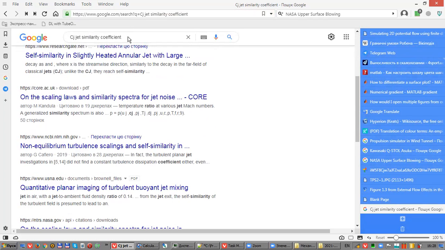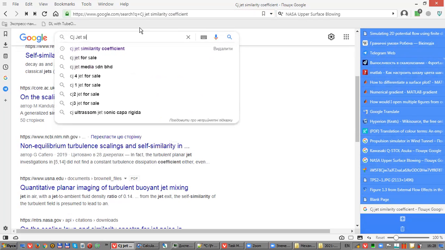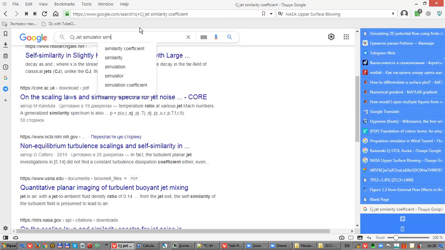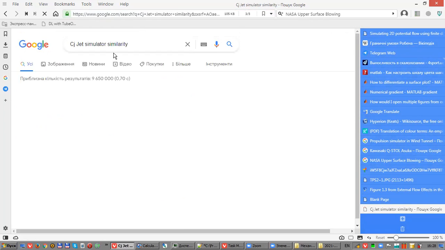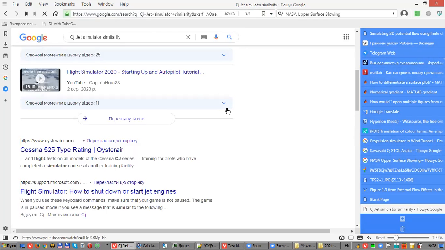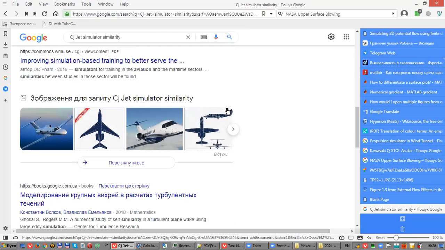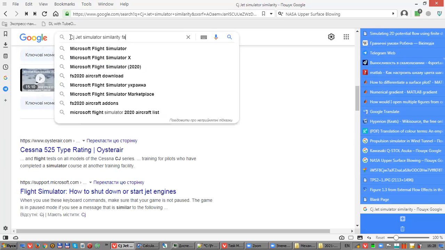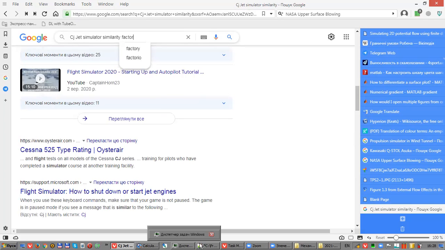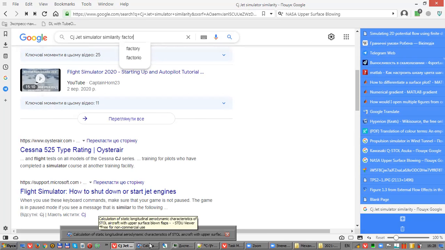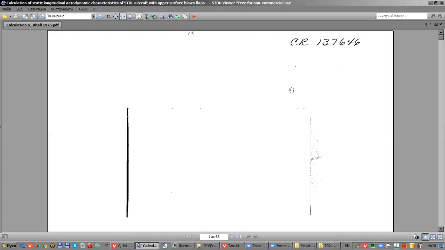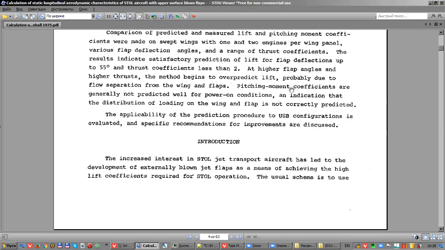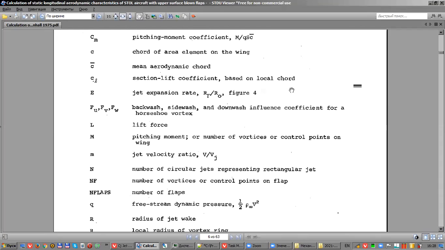Maybe not, slightly change the term. Or maybe this factor is expanded as a formula in the NASA paper. They must say about it.